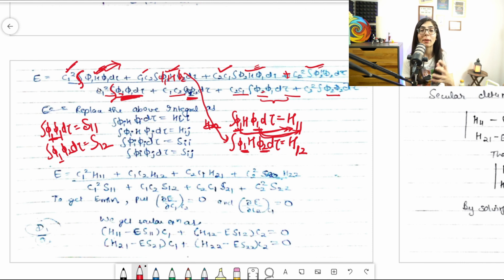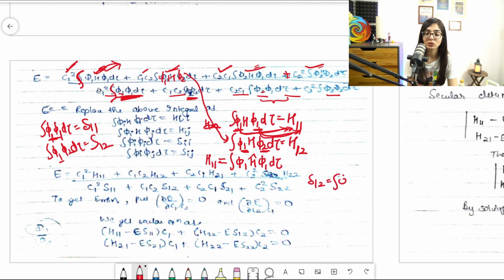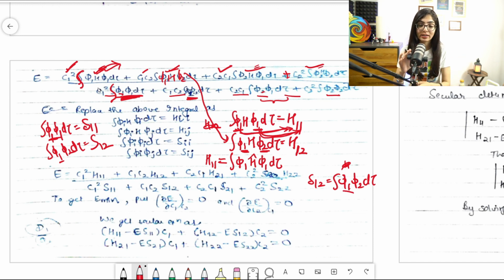So guys, what will happen in the exam also, if someone says that h11 is given, it is understood that the meaning of h11 is phi 1 h phi 1 d tau. If s12 is given, it is understood that this would be phi 1 phi 2 d tau. Don't put h over here, that would be a huge mistake. So just don't get confused between h and s.